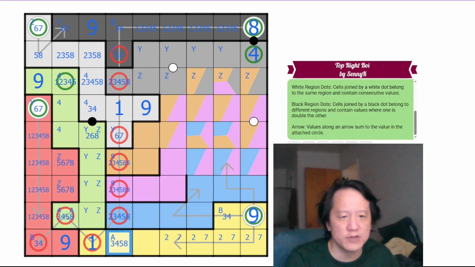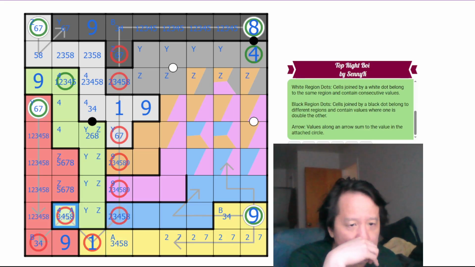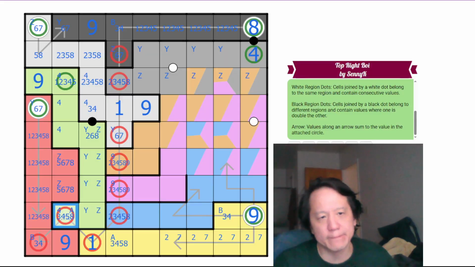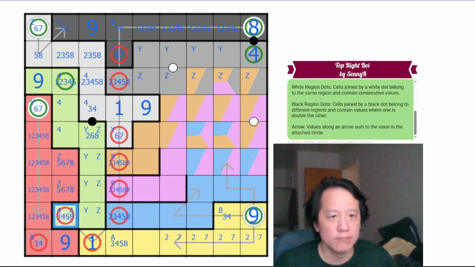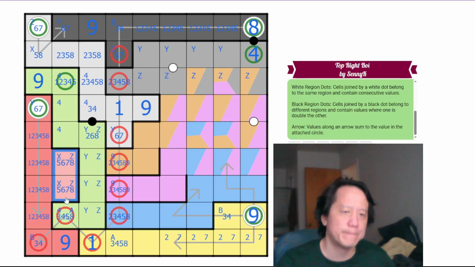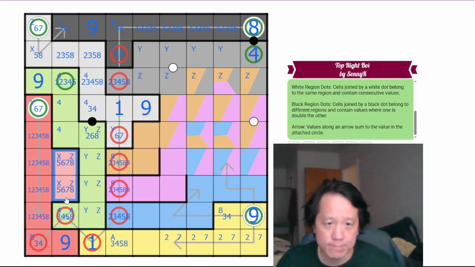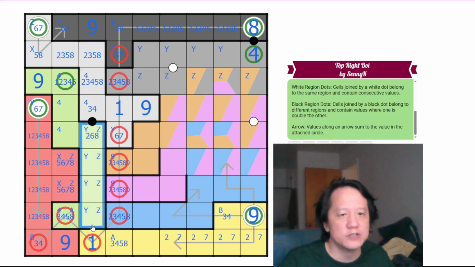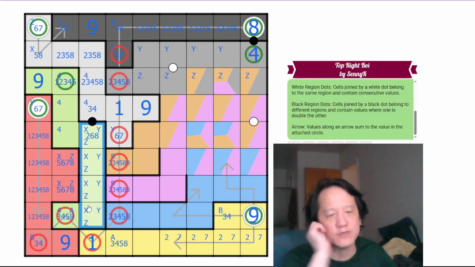That would correspond with A. We have Z, Y. Let's make this X, I guess. So this is an XZ pair there. X also cannot be here because of X in the region. So X is guaranteed to be one of those 4.